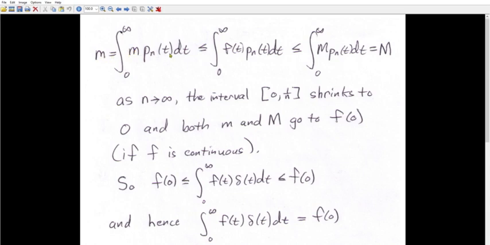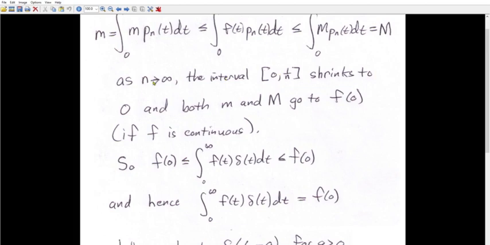This integral is m, because the area under Pn of t is 1. And now the integral of f of t Pn of t dt is going to be less than the integral of M Pn of t dt, where M is the maximum of f on the interval. And that integral gives you M. And that means that little m is less than or equal to this integral, which is less than or equal to big M.